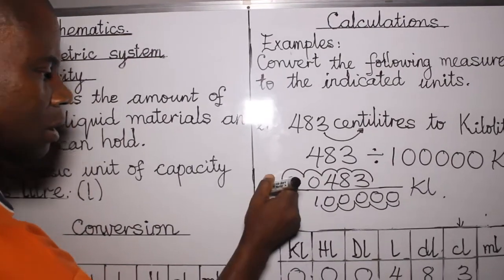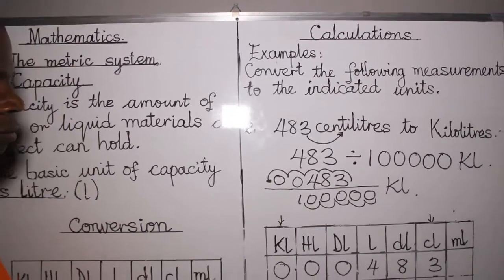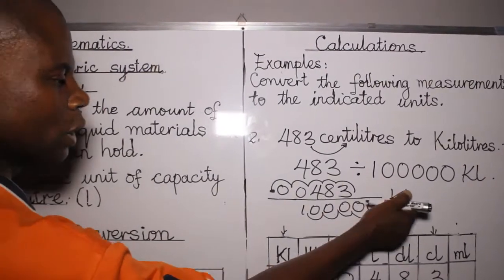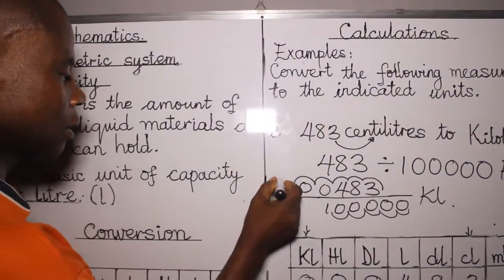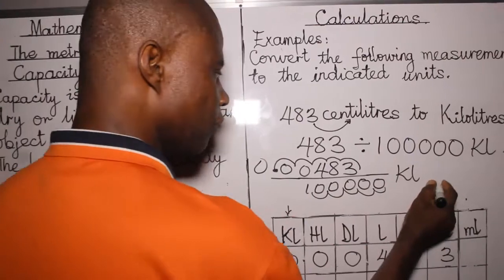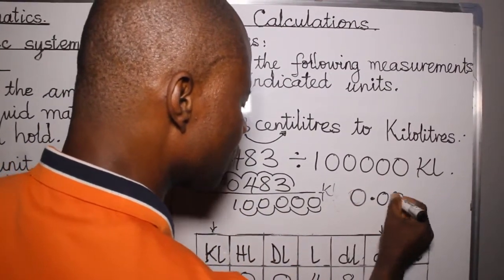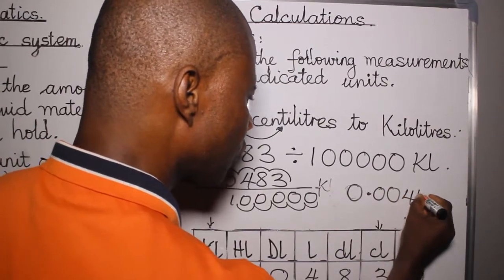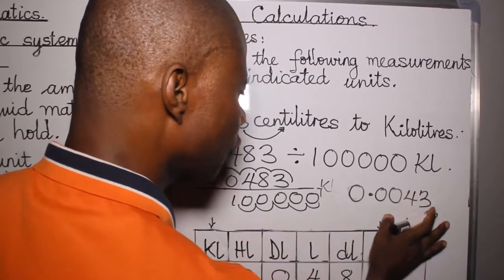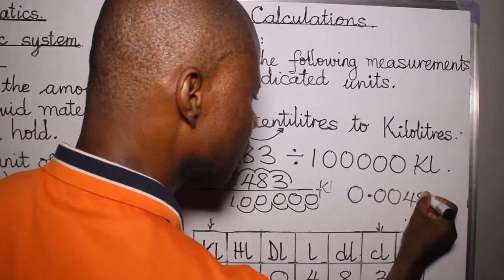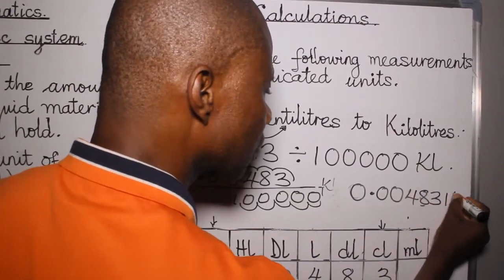There's nothing there. This digit, there's nothing there. 0. So here is where the kiloliter starts from. And there is no figure there, so you can put 0. And this will give you 0.00483 kiloliters.